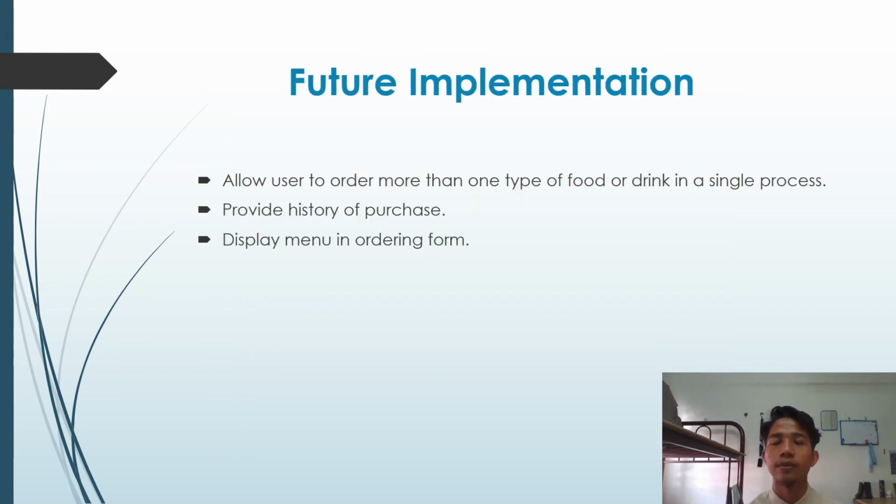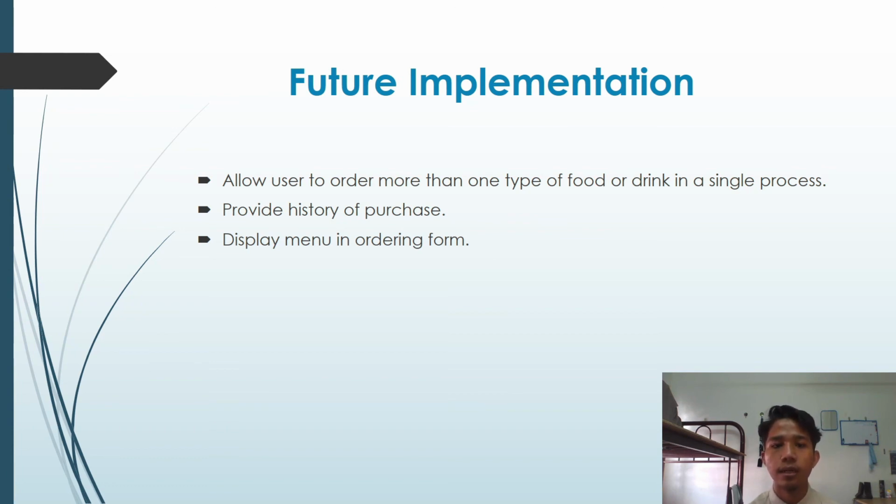Our system has a few disadvantages. One of them is that it only allows the user to choose one food and one drink in a single process, which in future implementation, our system is supposed to allow the user to order more than one type of food or drink in a single process.